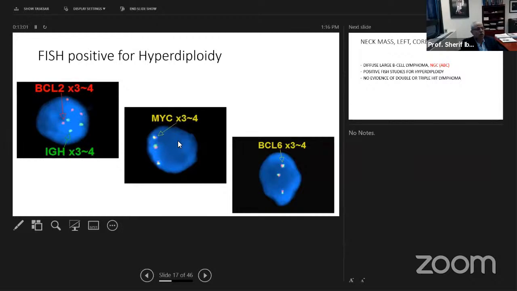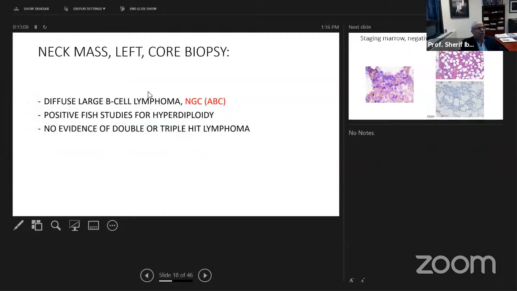We have 3 to 4 dots in here, the same with BCL6. So we have hyperdiploidy, which is common in large cell lymphomas. And the final here, this is a diffuse large B-cell lymphoma of non-germinal center subtype, or ABC, positive FISH for hyperdiploidy, no evidence of double or triple hit lymphoma.